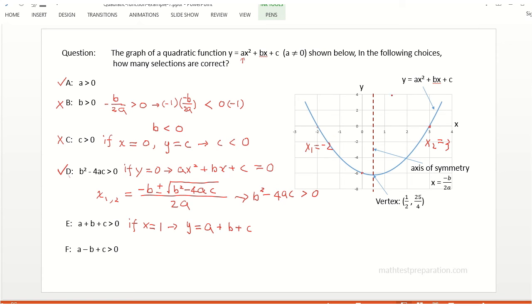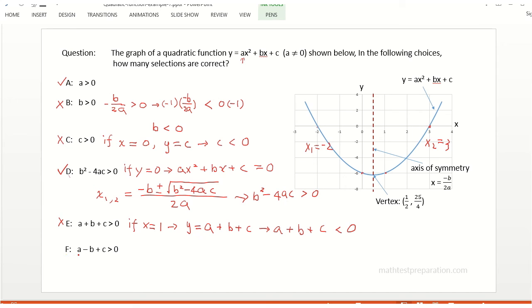So x equals 1 is this line. This line intersects with the graphic at this point. This point, y equals negative 6. So a plus b plus c is less than 0. So choice E is not correct.